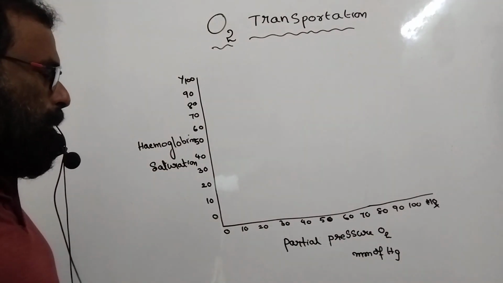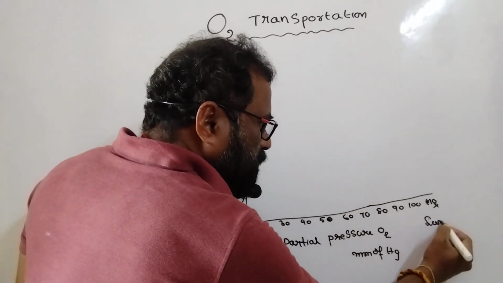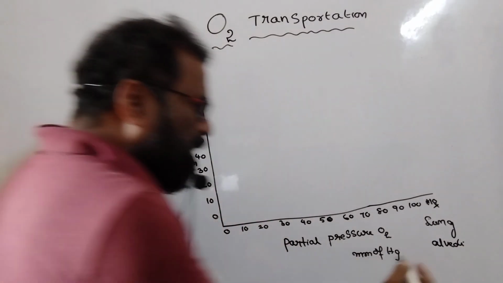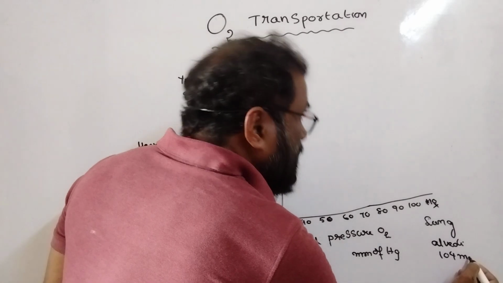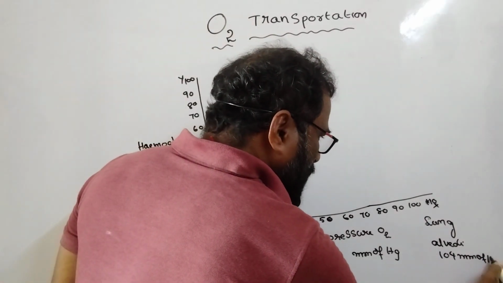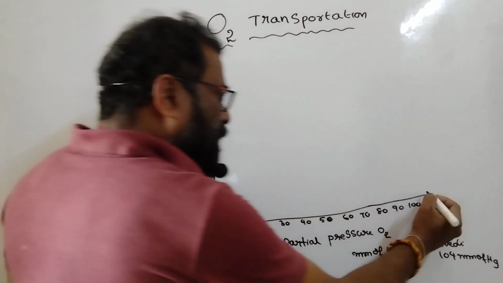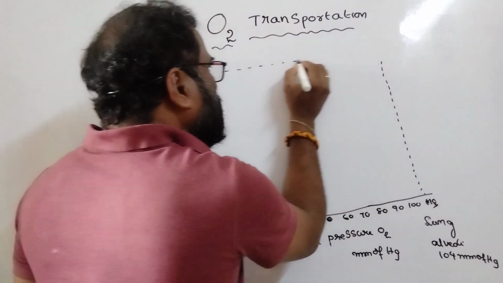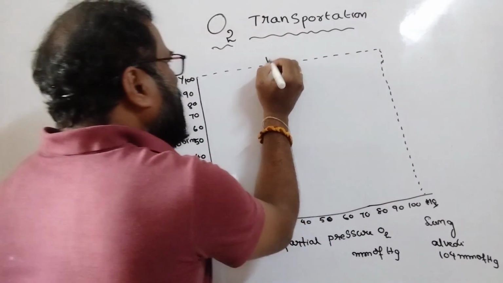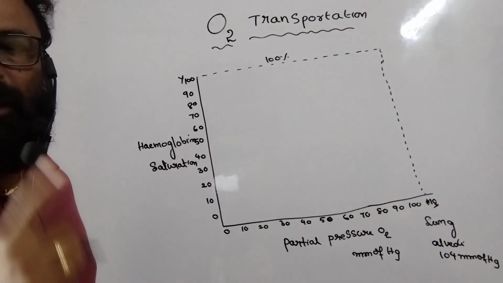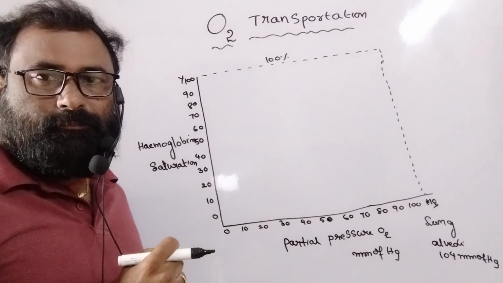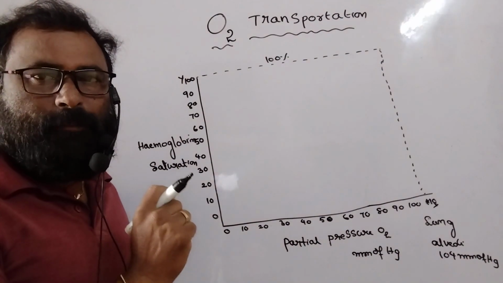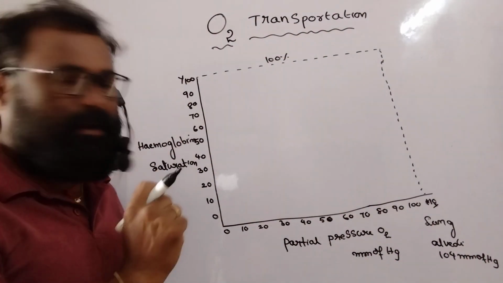First, go to the lung alveoli. In the lung alveoli there is 104 mm of Hg of oxygen. At 104 mm of Hg, 100% of hemoglobin is saturated. Very important for match-the-following type questions.